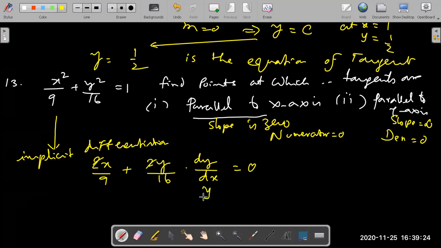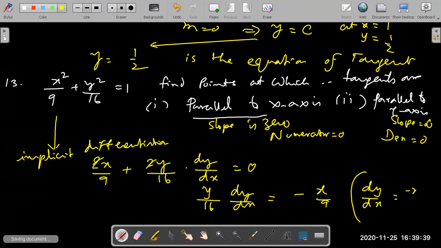Then we will get y by 16 dy by dx equal to minus x by 9. So that gives dy by dx is equal to minus x by y multiplied by 16 by 9. So this is what our dy by dx.